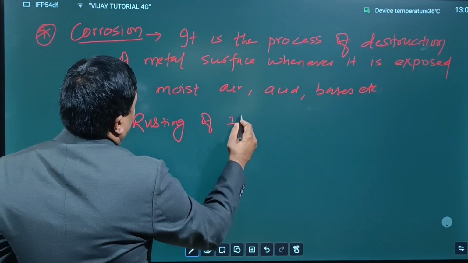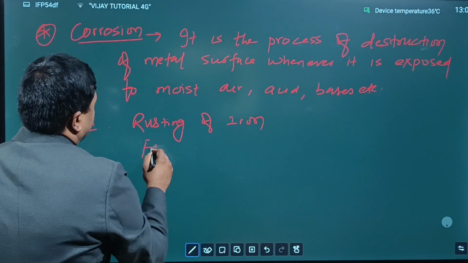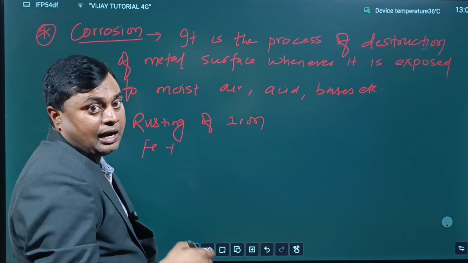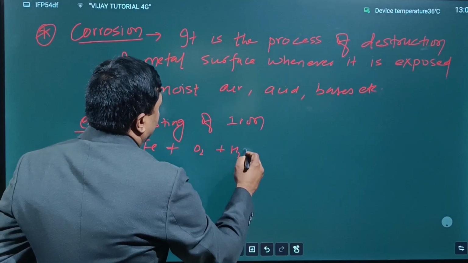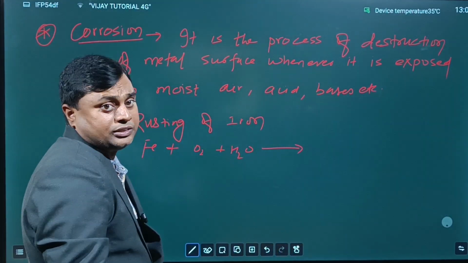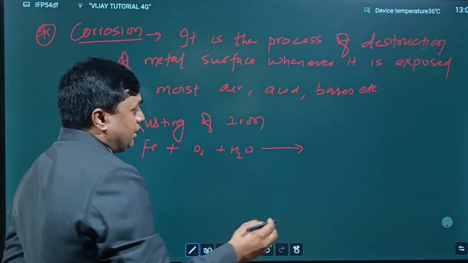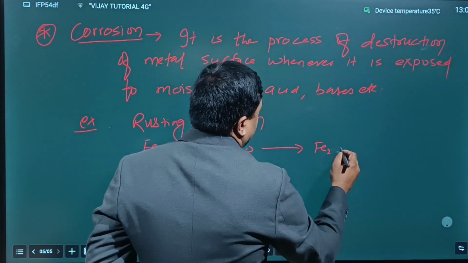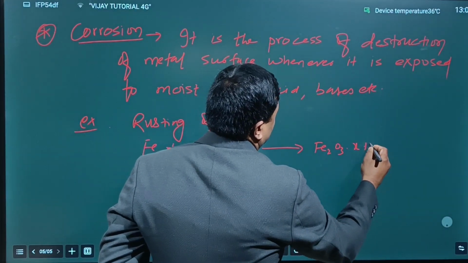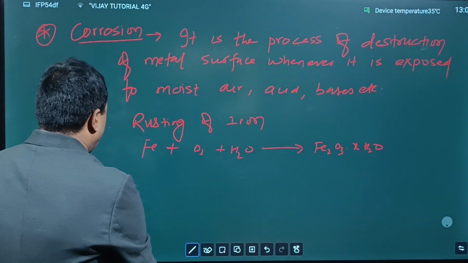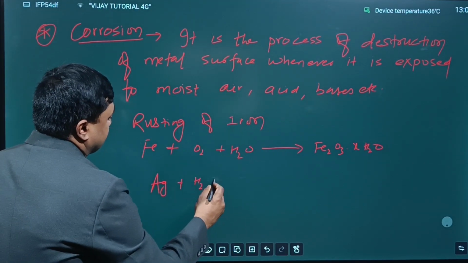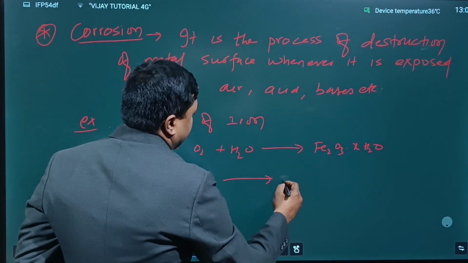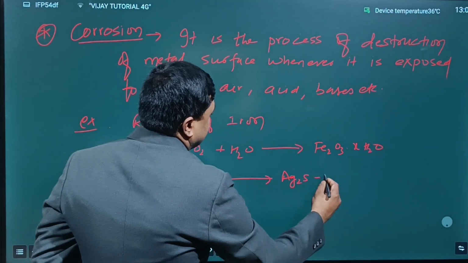What happens whenever iron is exposed to air and water, that is moist air, O2 plus H2O, it will form hydrated ferric oxide. A brown flaky layer is obtained, that is rust, Fe2O3·xH2O. Similarly, we have corrosion in silver. Silver article Ag reacts with H2S, hydrogen sulfide, giving Ag2S plus hydrogen.